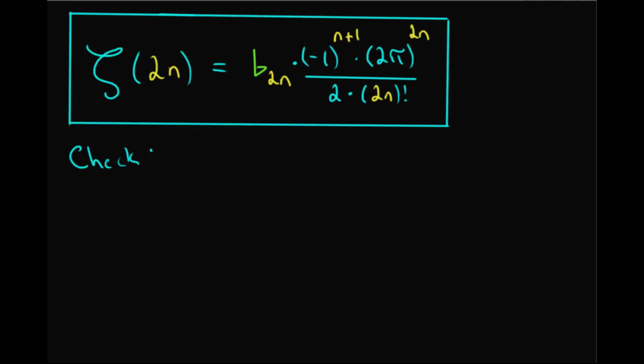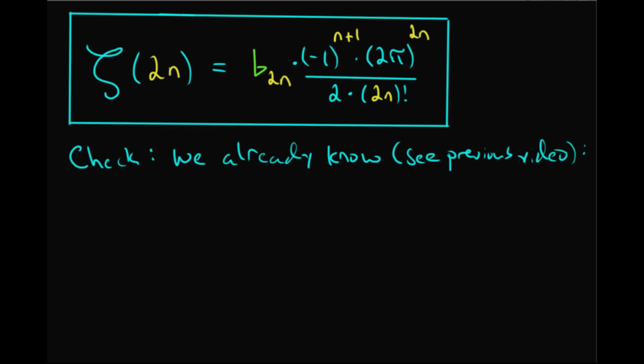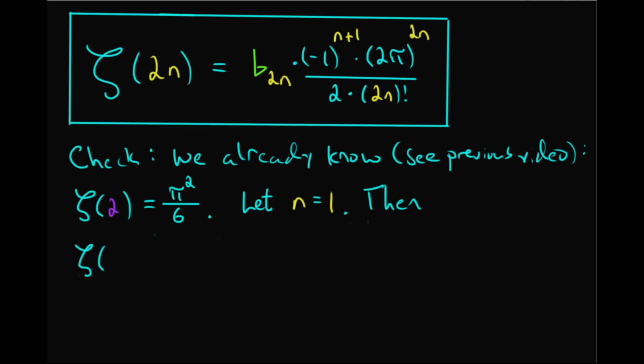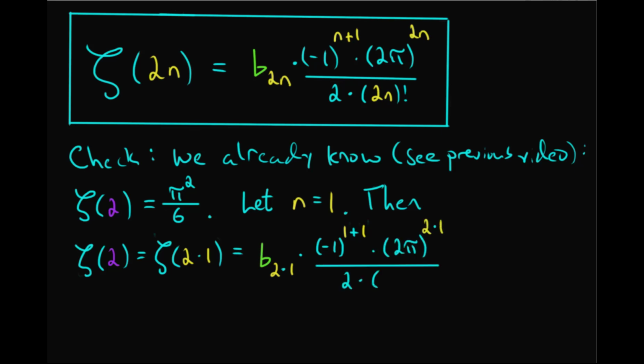And now I want to just test it out on a few cases where we know the values of the zeta function. So we already know, and you can watch my previous video on the Basel problem, that zeta of 2 equals pi squared over 6. We found that by other means. So let's test this identity and see if that produces the same result. So for the zeta of 2 case, we have to let n equal 1. We'll then have that zeta of 2 equals zeta of 2 times 1, which equals b sub 2 times 1 times negative 1 to the 1 plus 1 times the quantity 2 pi to the 2 times 1 all over 2 times the quantity 2 times 1 factorial.